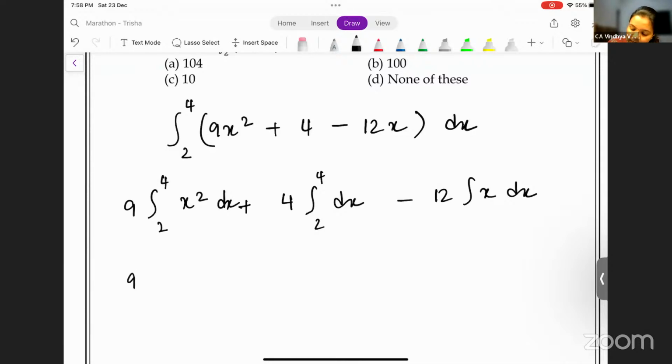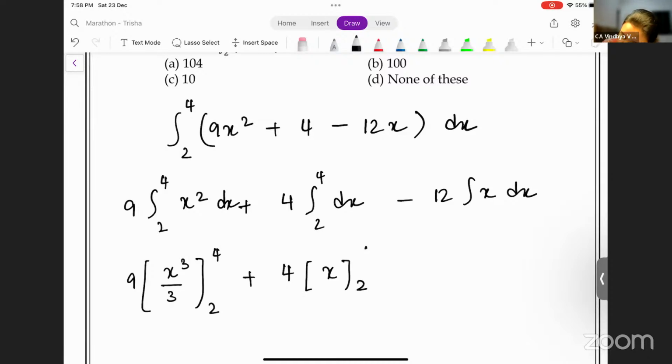9 as it is. Integration of x square is x cube by 3. Two values need to be substituted. This is how you write it. Plus 4 into integration of dx, that is 1 dx is x, minus integration of x is x square by 2.